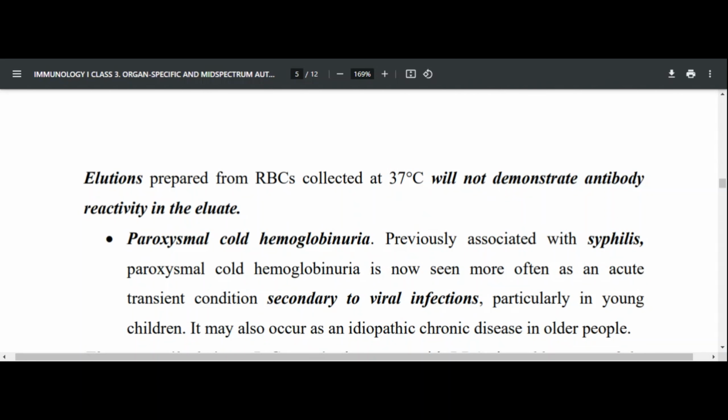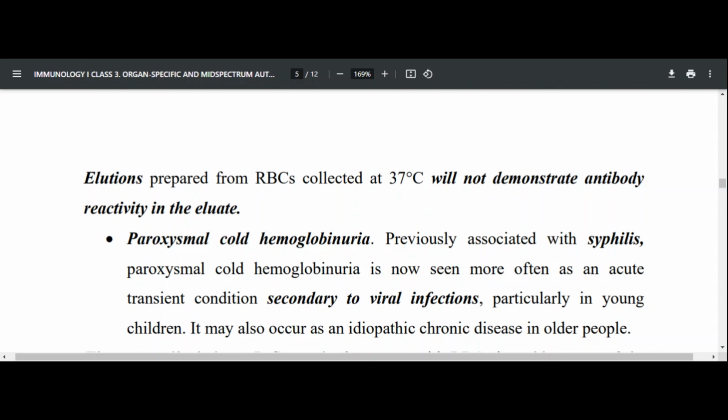The third condition, which is also autoimmune hemolytic anemia, is called paroxysmal cold hemoglobinuria. Paroxysmal cold hemoglobinuria has been associated with syphilis and the presence of hemoglobinuria, hemoglobin in urine, but is now seen to be also secondary to viral infection, especially in young children.